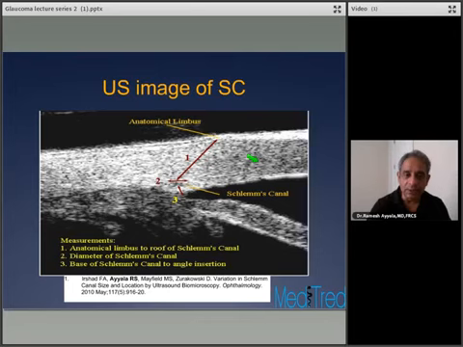Here is a nice picture of the Schlemm's canal in relation to the angle structures. Here is the trabecular meshwork. Here is the iris, and here is the Schlemm's canal.